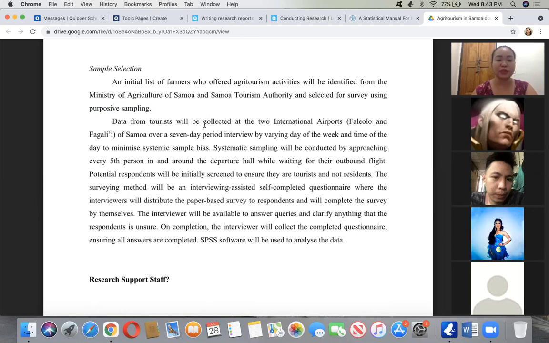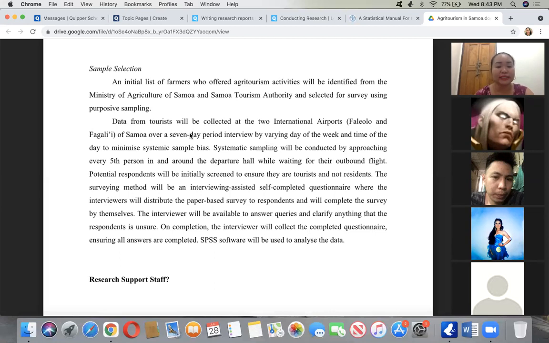And data from tourists will be collected at 2 international airports since Samoa is a very small country and they have only 2 international airports. So actually, ang laki ng Samoa is just the whole Davao City, no? So, ganun lang siya kalaki. In fact, you can tour around the country within a day.